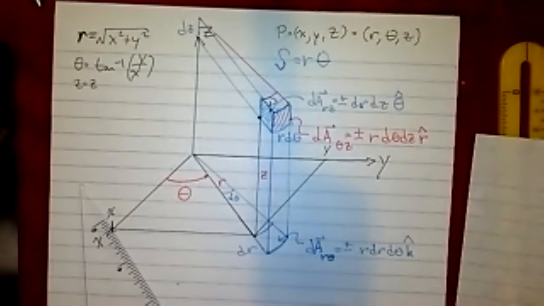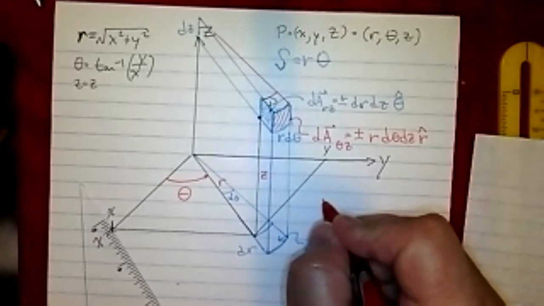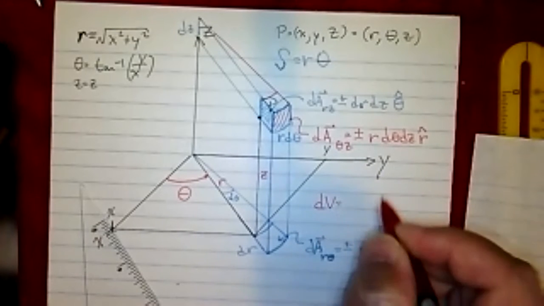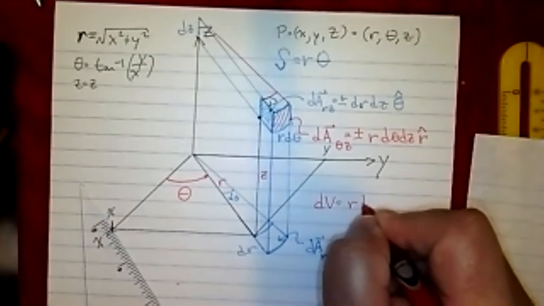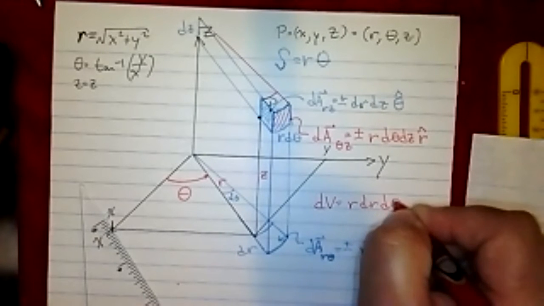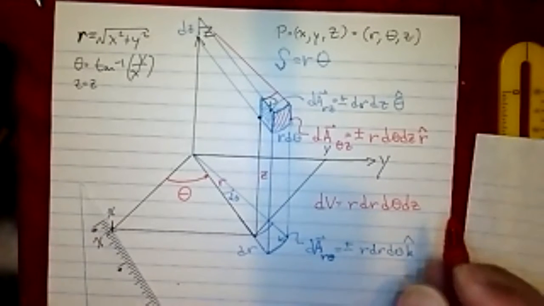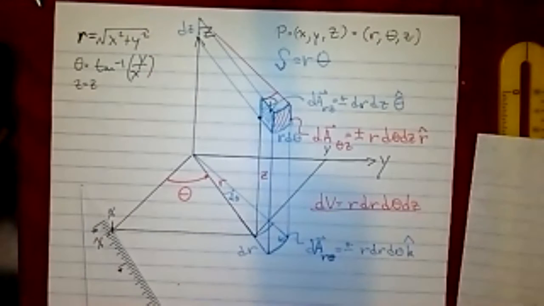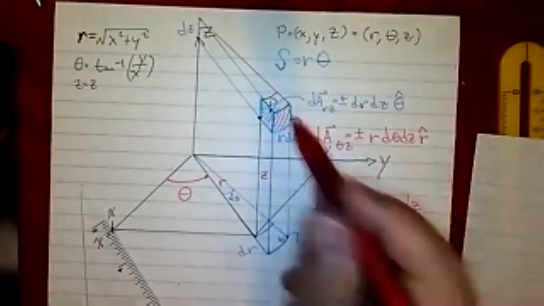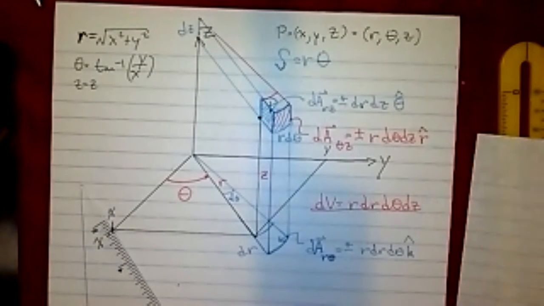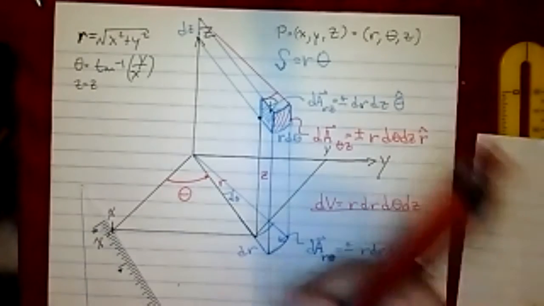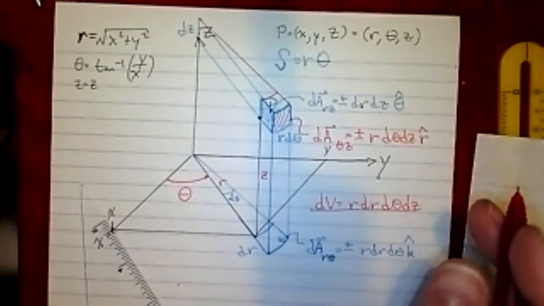But in that case, you can get a volume element, and dV for that happens to be r dr d theta dz. So that's another thing we can use. In fact, we could integrate that all by itself and determine the volume of a cylinder with no integrand whatsoever. You're just using the dV. So that's kind of nice.